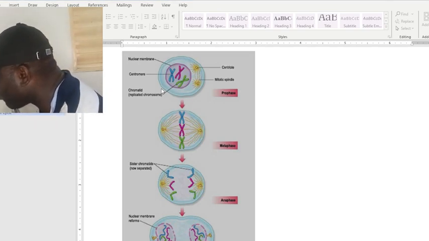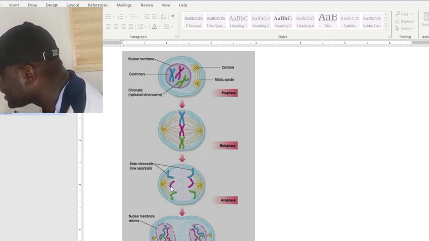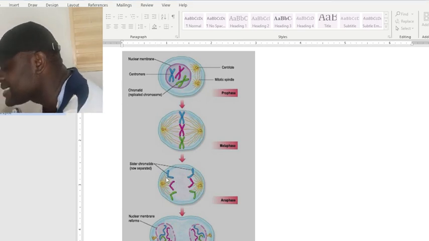In prophase, this purple has to break down. You can see clearly that the purple membrane did not follow the chromosomes to this phase. So what happens in prophase is that the nuclear membrane breaks down. Then in metaphase, the chromosomes will now align at the center.